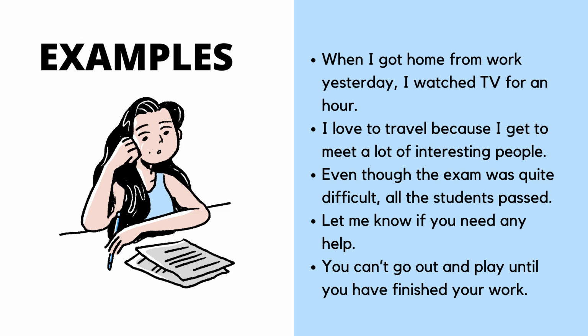Here, note that we have used comma after writing the dependent clause. So please note that while we write the dependent clause first in the sentence, we use comma after it. But if we write the independent clause first, there is no need to write the comma in the sentence.